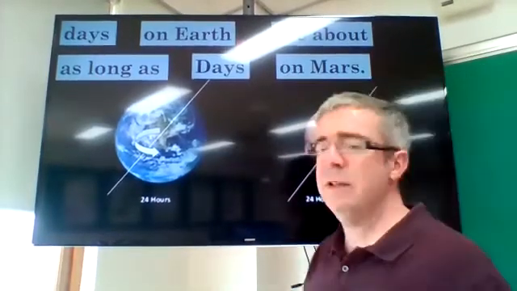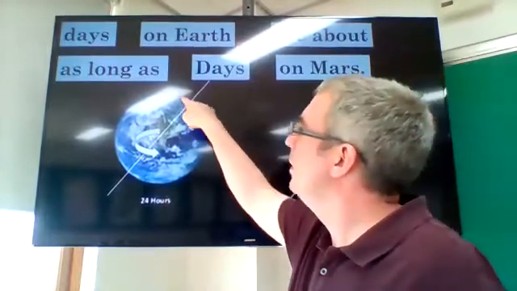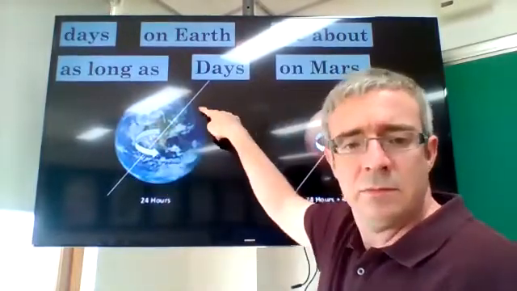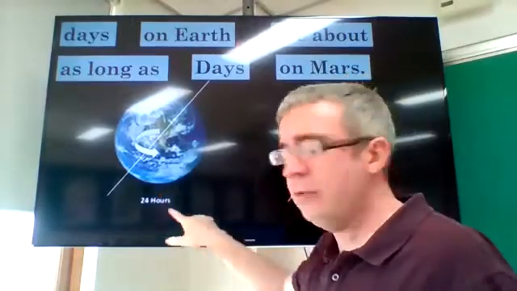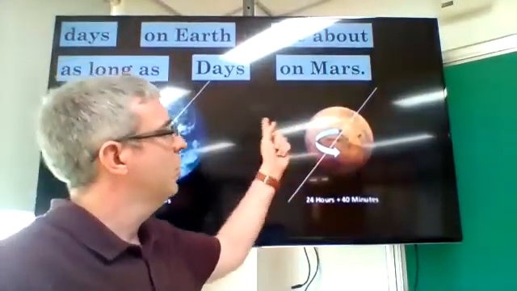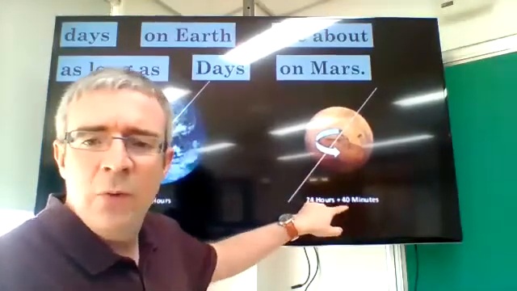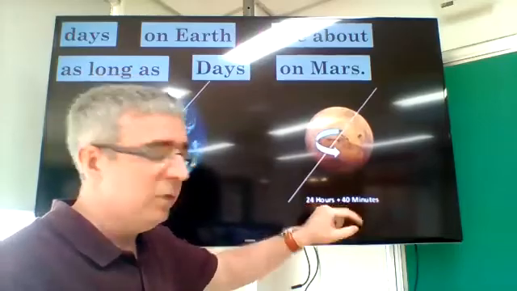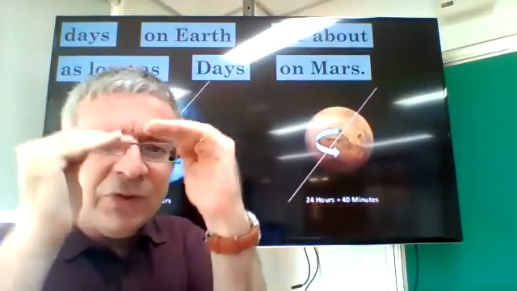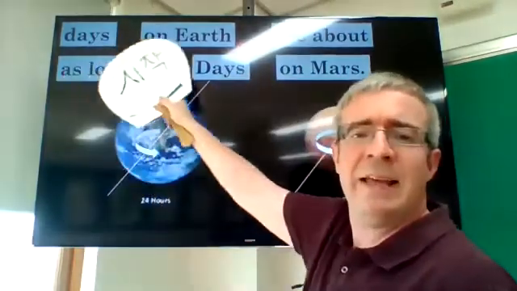And then another one here. Here's Earth and Mars. One day is 24 hours. And then on Mars, one day is 24 hours, 40 minutes. So almost the same, almost. Here we've got days.